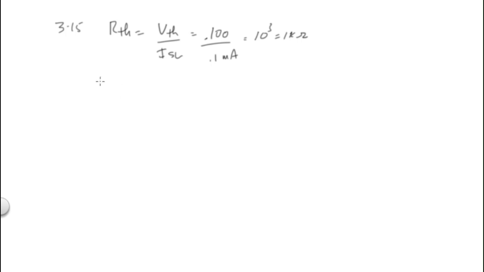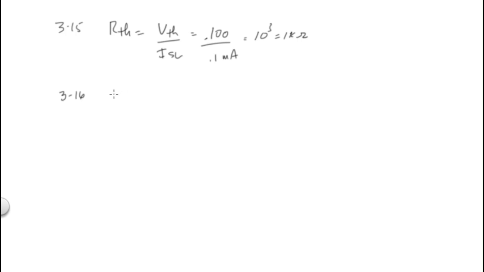Okay. 316. The 315 says, given that the voltmeter has very high resistance, it should say high resistance, and the ammeter has very low resistance. That's how that should read. The word high is missing there.